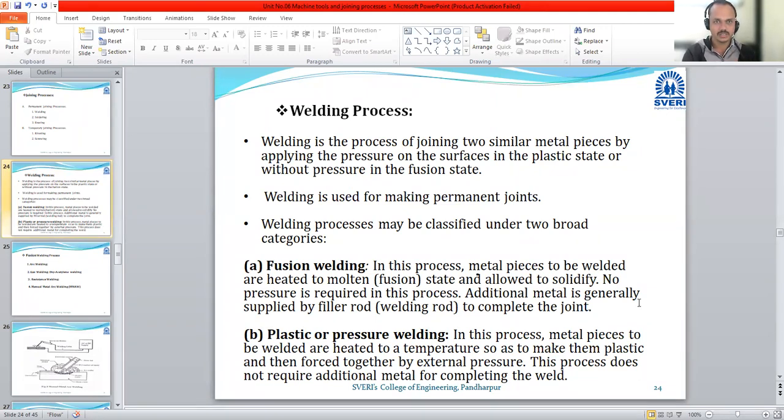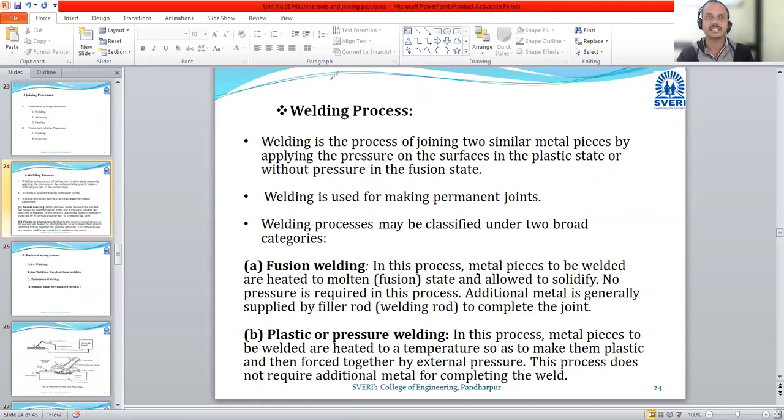Welding is the process of joining two similar metal pieces by applying pressure on the surfaces in the plastic state or without pressure in the fusion state. If we add heat to the material, it changes the structure of the material. For that, there is a diagram in metallurgy. This is a part related to metallurgy actually.